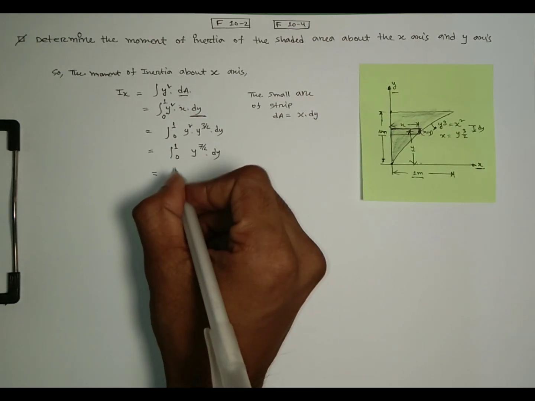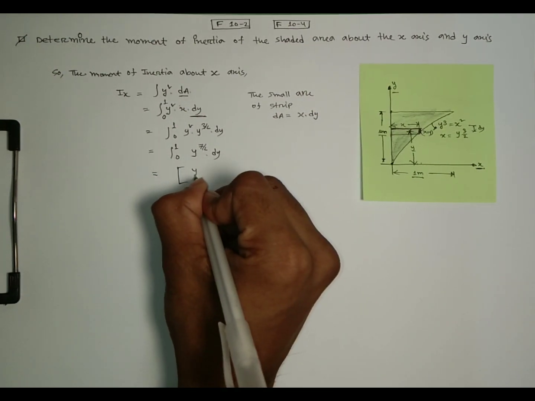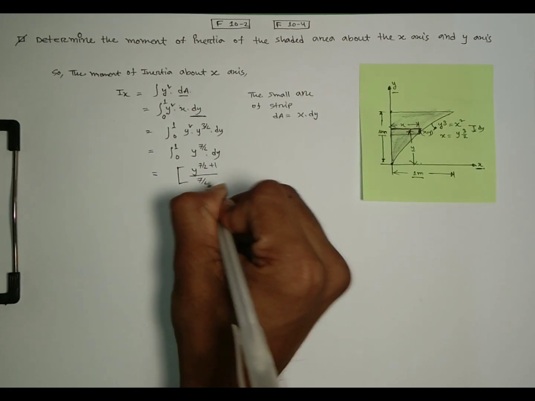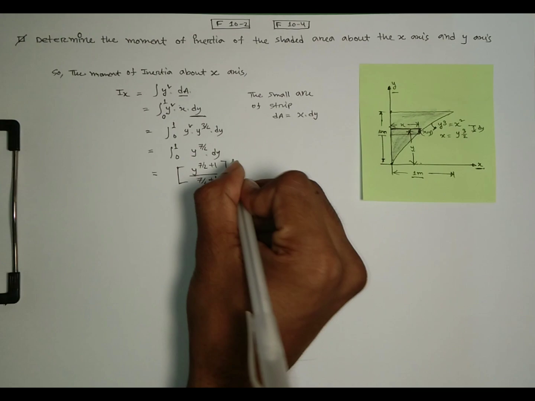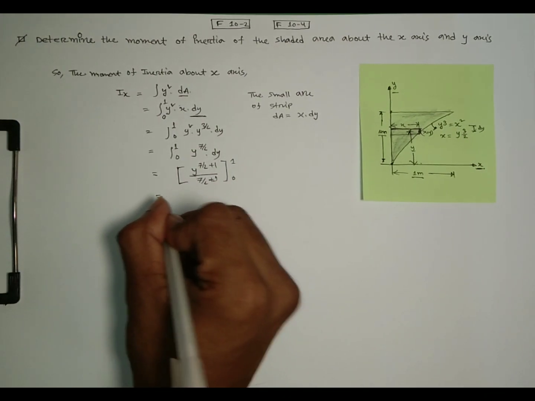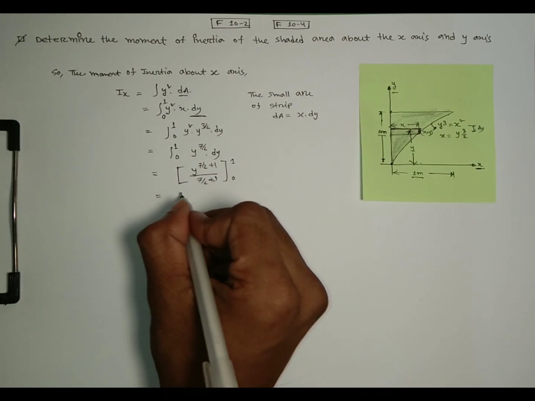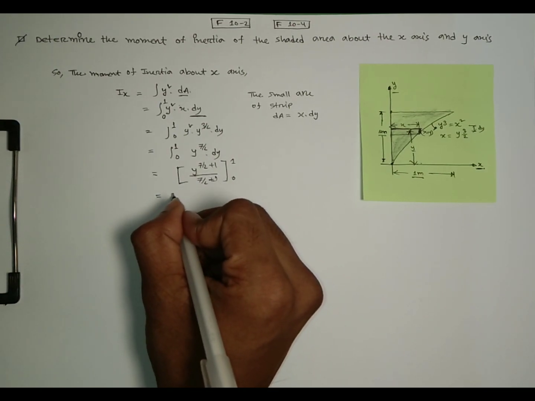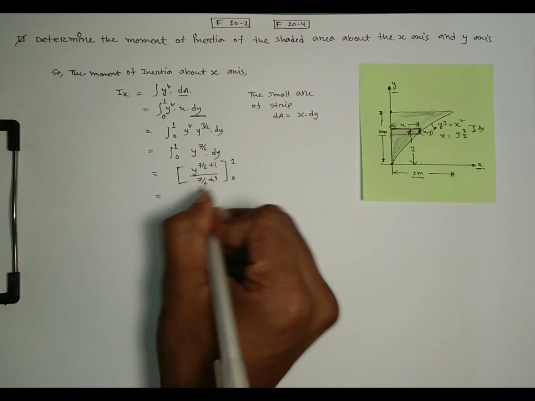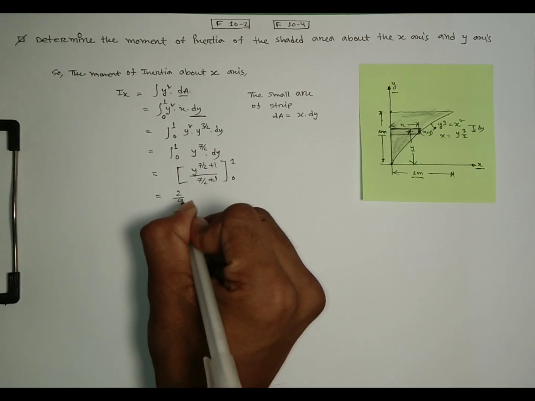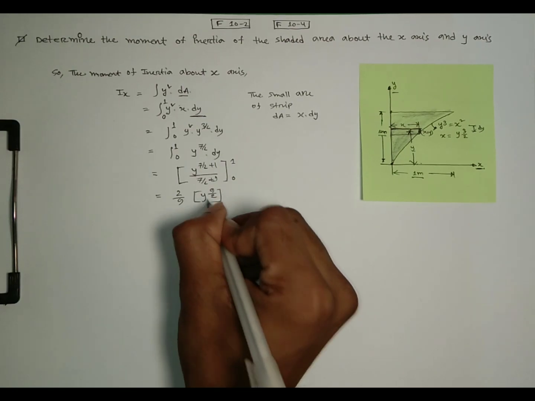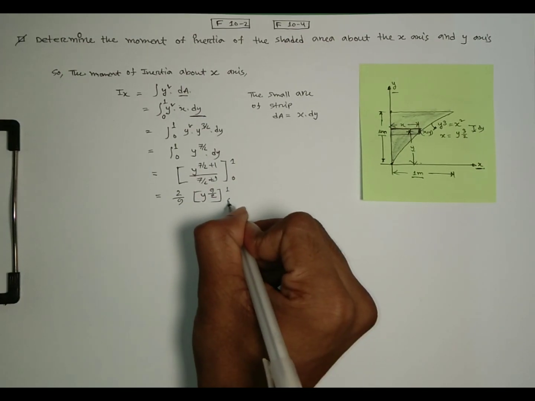Now integrate. After integrating, y to the power 7 by 2 plus 1 divided by 7 by 2 plus 1, upper limit 1, lower limit 0. So 7 by 2 plus 1 will be 9 by 2, so 2 by 9, y to the power 9 by 2, upper limit 1, lower limit 0.